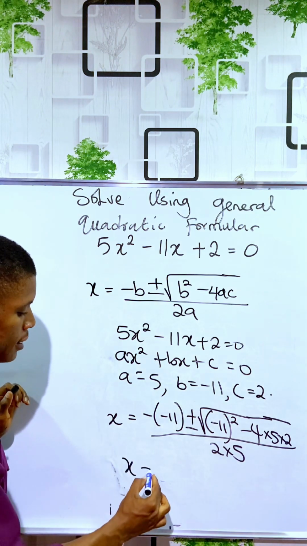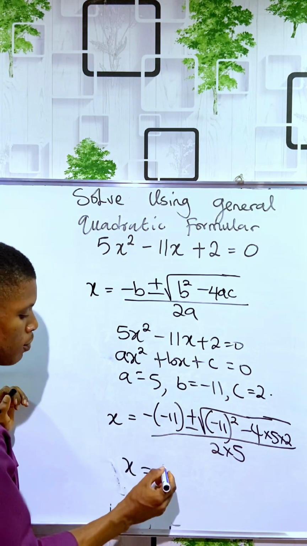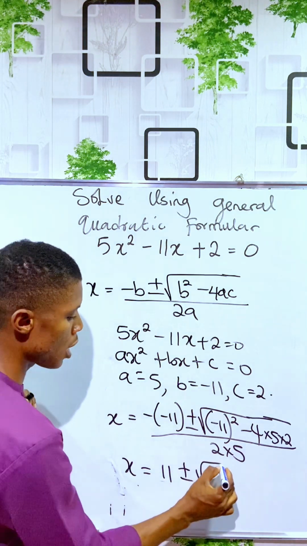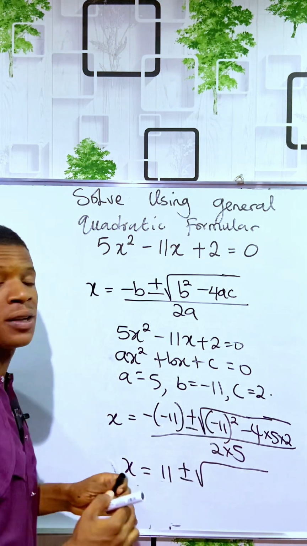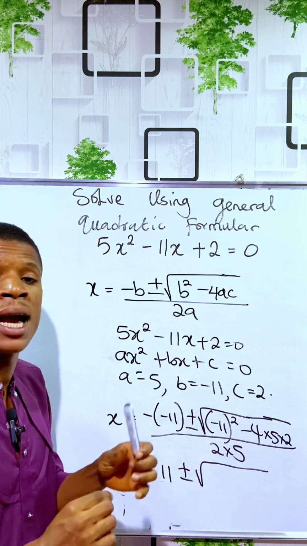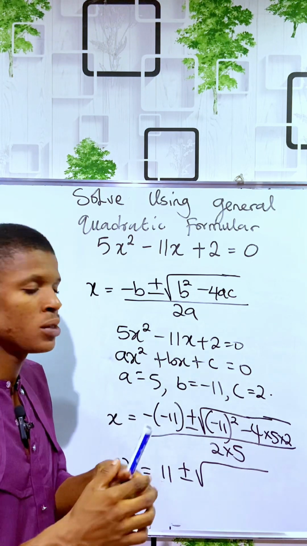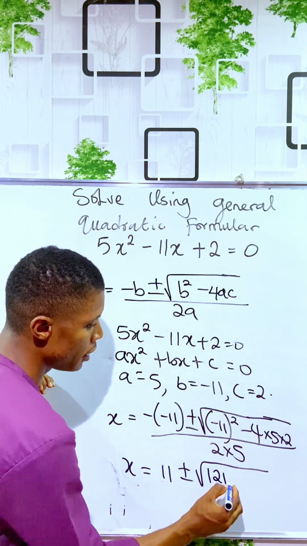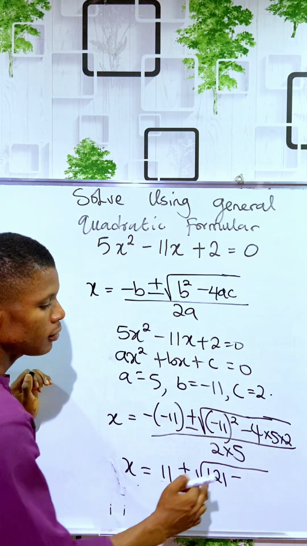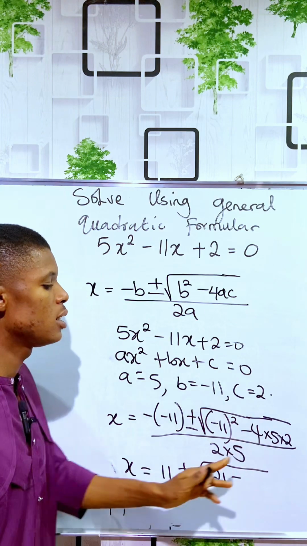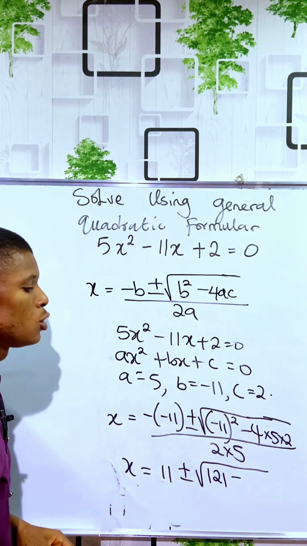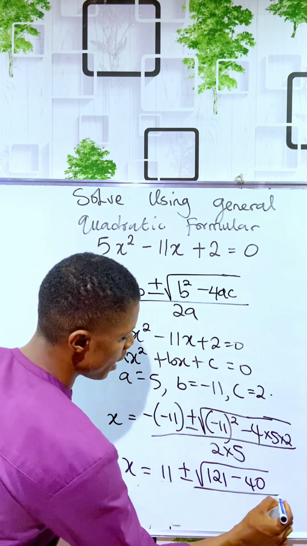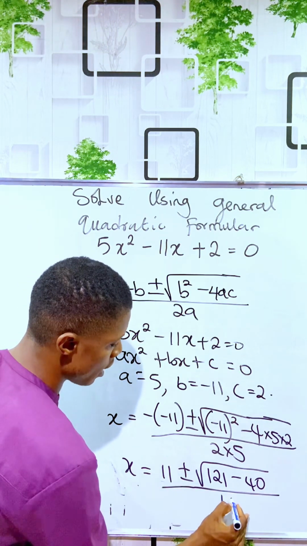Giving you that x is equal to minus minus 11, which is plus 11, plus or minus the square root of: taking the square of a negative number means multiplying the negative together, which gives a positive, so this will be 121 minus 4 times 5, which is 20, and 20 times 2 is 40, minus 40, divided by 10.